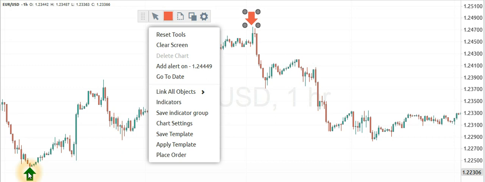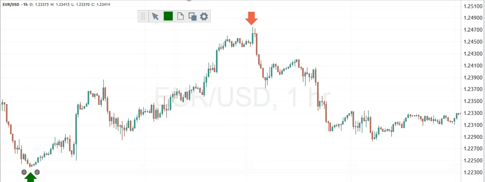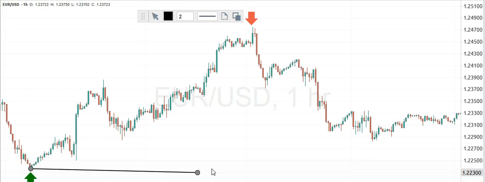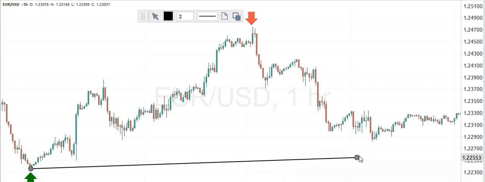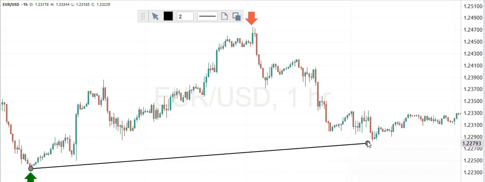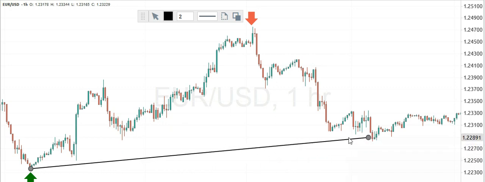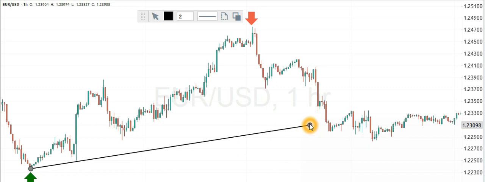This is how it will work. You'll go to your trend line tool and begin at the lowest point. I'm going to extend the trend line out first, and then slowly bring it up until it touches the first candle.